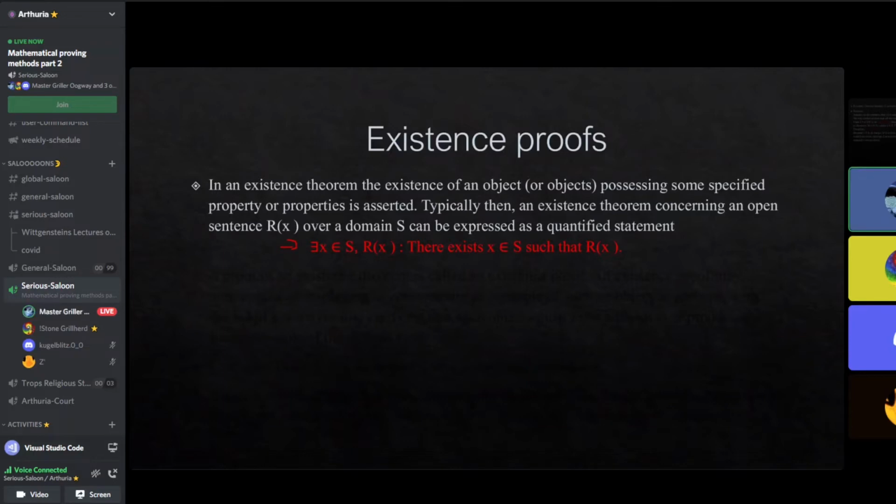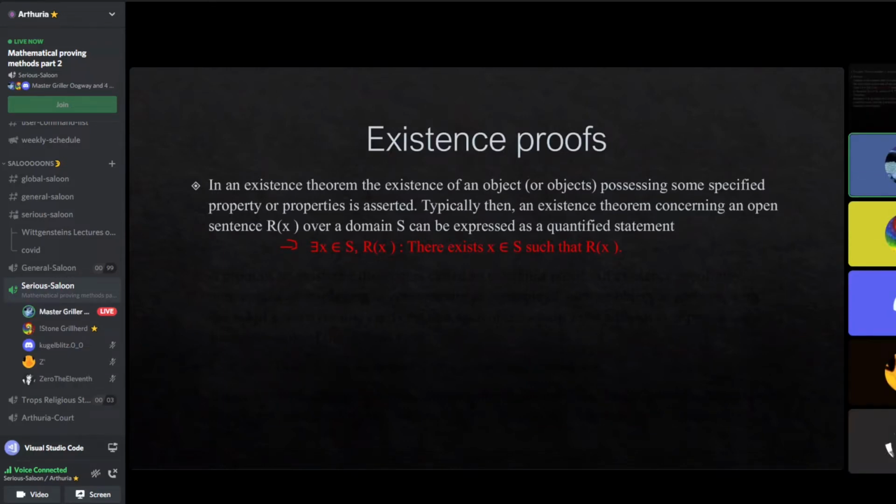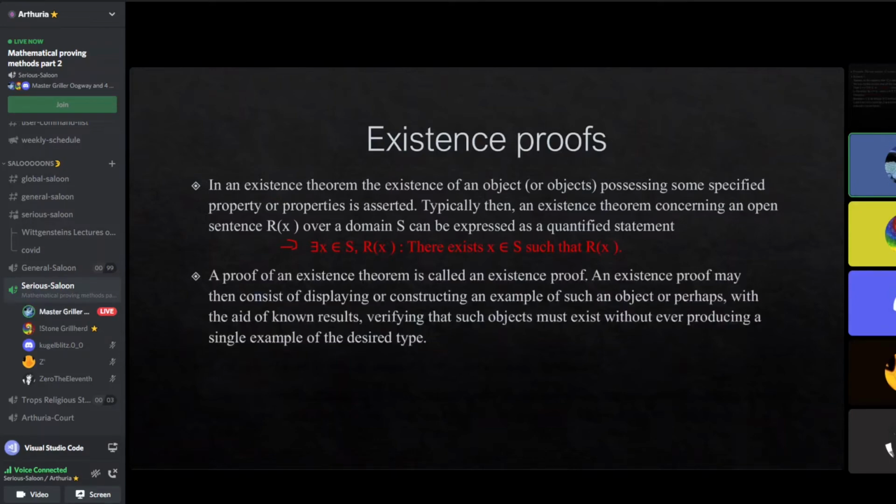It states that there exists an x, which is an element of some domain, some set S, such that R(x) obtains. And it's really simple. A proof of an existence theorem is thus very, very intuitive.